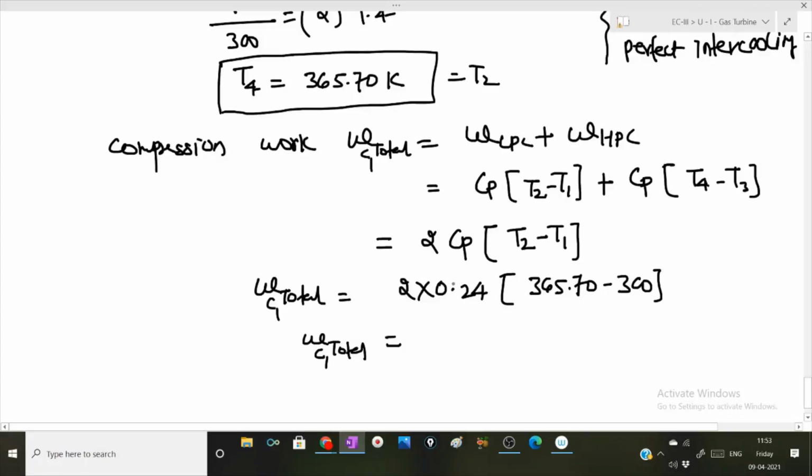Let me calculate this value. Someone also confirm this value. I am getting this value as 31.54. Someone please confirm this value.